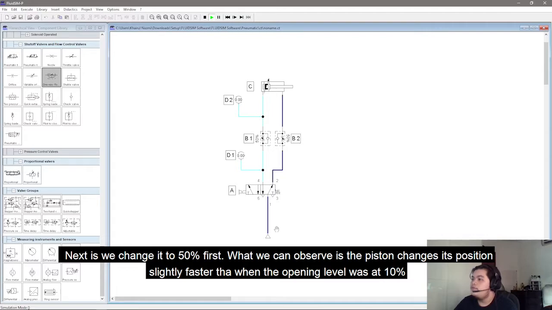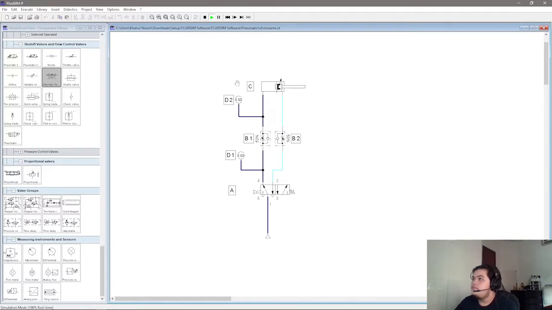So next we can observe the piston changes its position slightly faster than at 10%. Here, when we press valve A, the piston moves and changes its position.